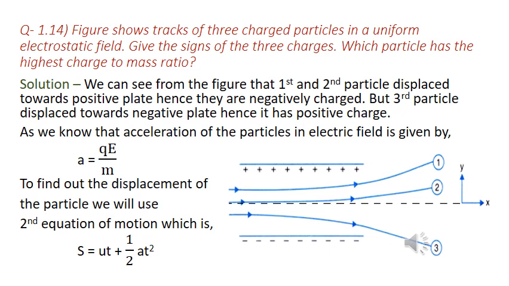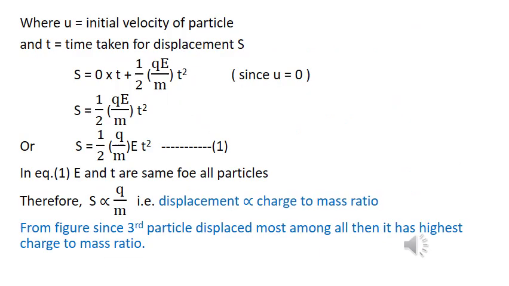By using the second equation of motion, s = ut + ½at², where u is the initial velocity of the particle, which is 0, and t is the time taken for the displacement s. Putting the values of u and a, we get s = 0 + ½(qE/m)t². So the displacement s = ½(q/m)E t².